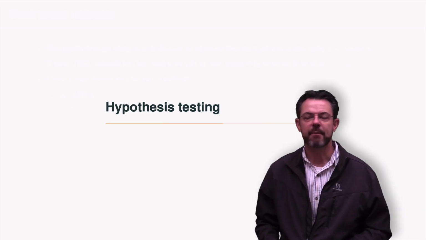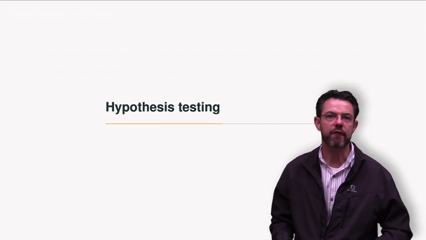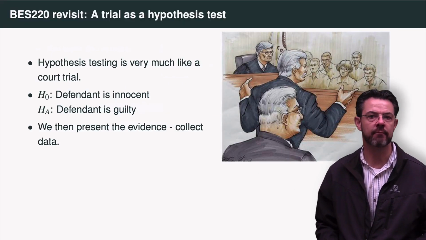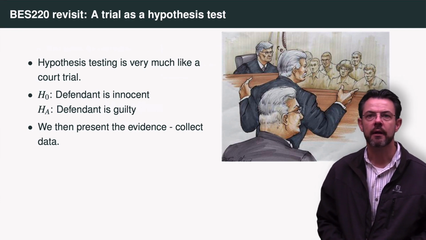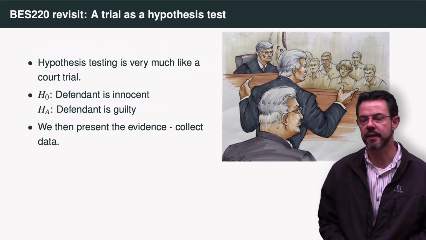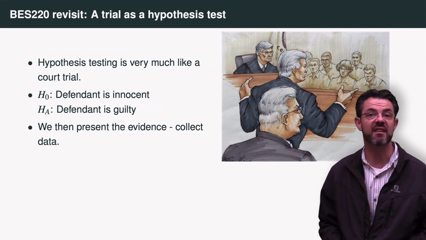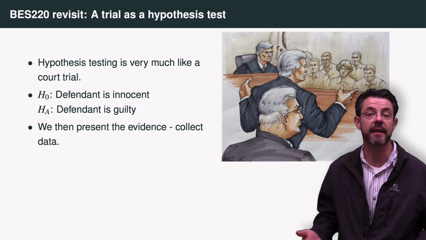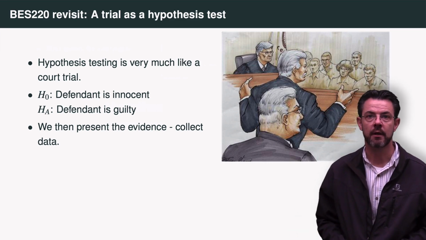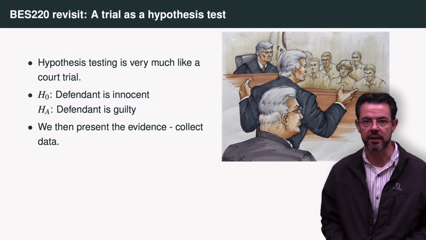When we recap hypothesis testing, it's always convenient to use an analogy of a court trial. You've heard the expression, innocent until proven guilty. So the null hypothesis in this case would be that the defendant is innocent, and the alternative hypothesis is that the defendant is actually guilty. And then we present the evidence.